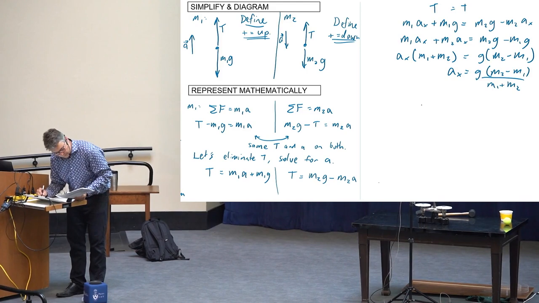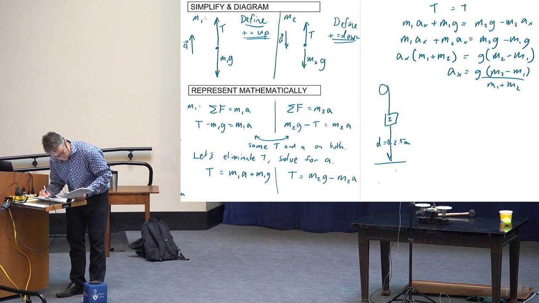So, what we had here, don't forget, you've got m2 going down some distance. D is equal to 0.25 meters, and here's the floor. This is the acceleration of m2.